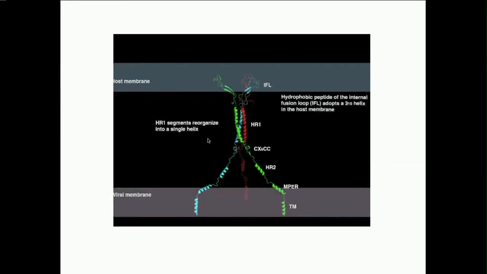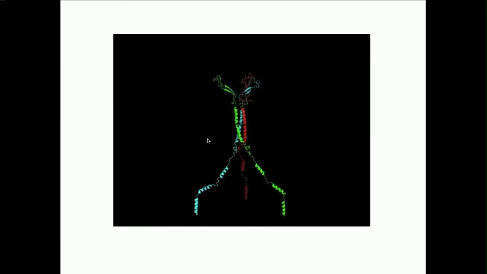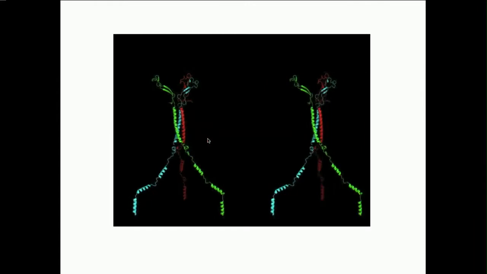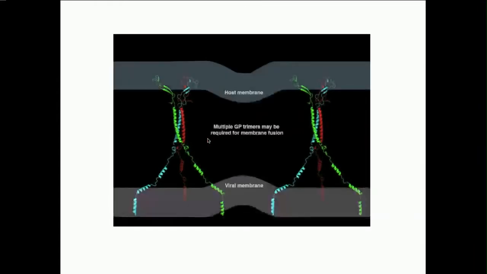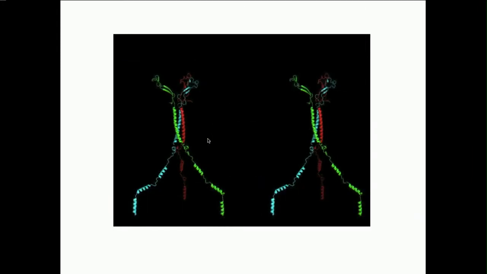Then you get this reorganization. A piece of it harpoons out and hits the cell membrane, so the virus has stuck itself to the membrane of the cell. Now we're looking at two of them because this has to happen in a cooperative way. The next step will actually pull the membranes together by jackknifing this protein in half, as you'll see in a second.